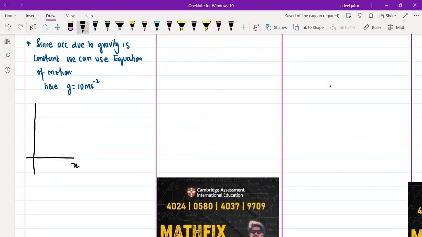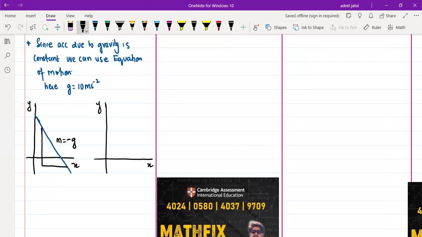Let's say x and y axes, and a line goes like this. If we say change in y over change in x, your m here will be negative g, because this is declining, going downwards.